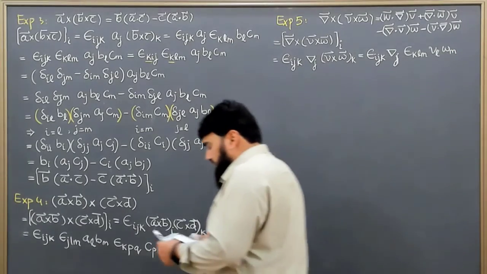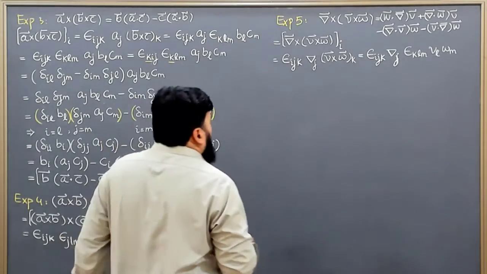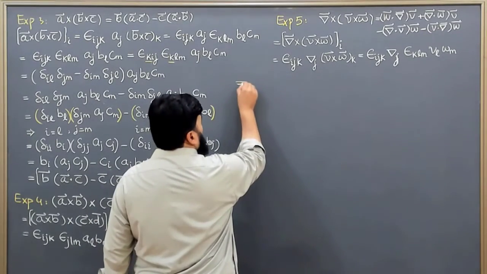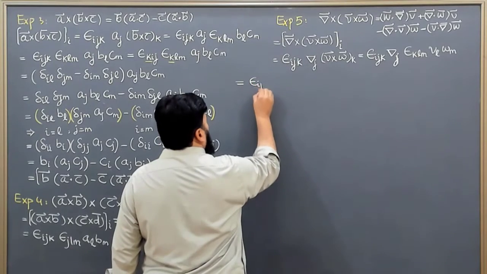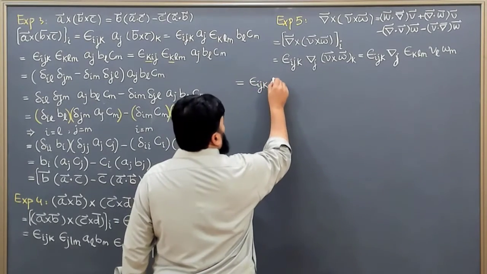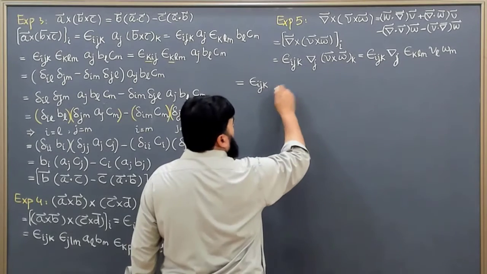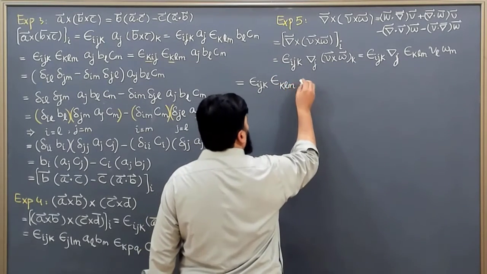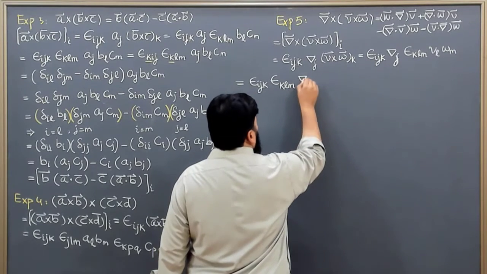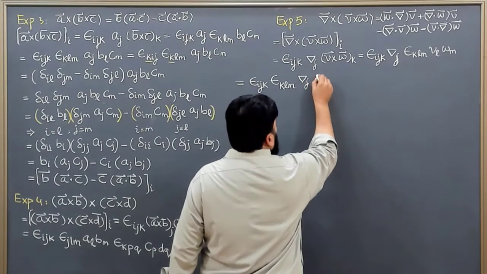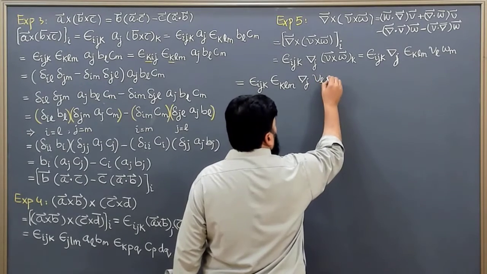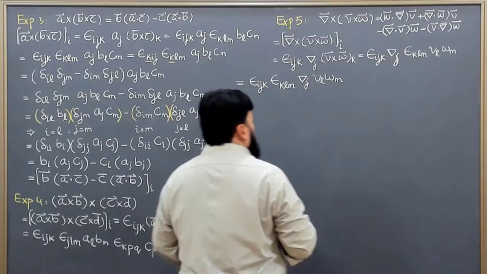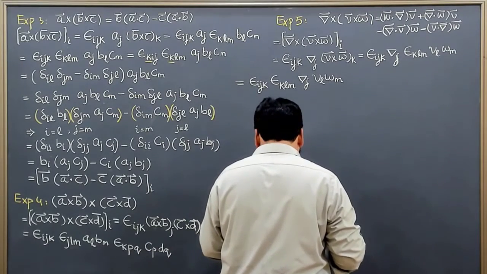Now this one further I can utilize the relation. Just first convert this one. So this is equal to epsilon ijk, and this is epsilon KLM, and del j, V L and W M. And we have written this thing in order.